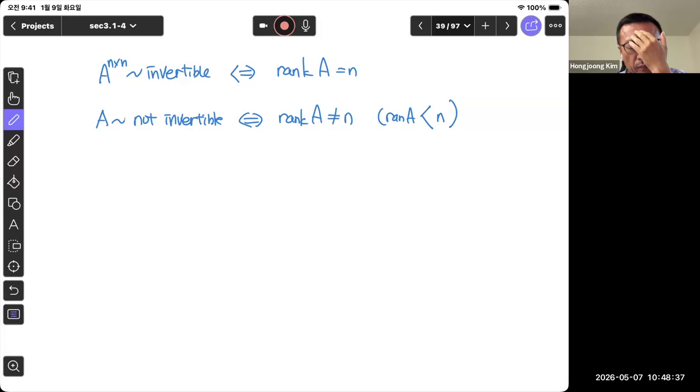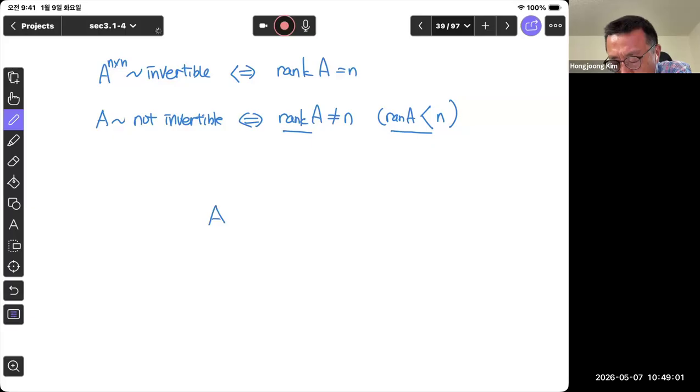Now, in that case, the rank of A is not n. How did I find the rank of a matrix?